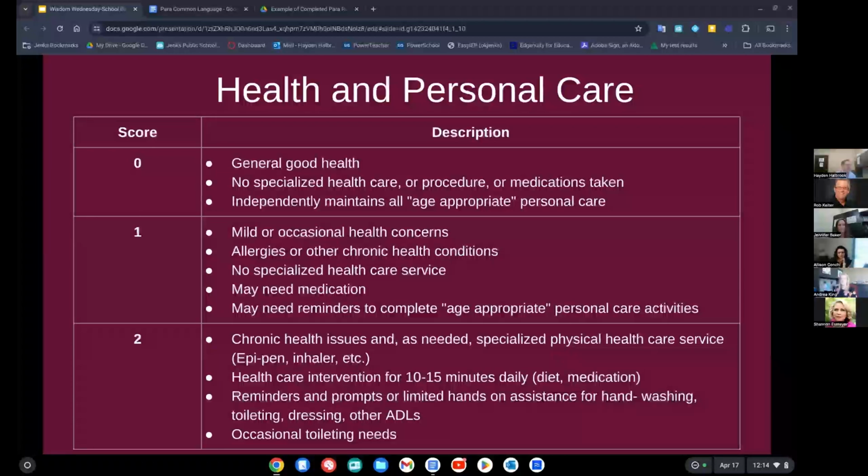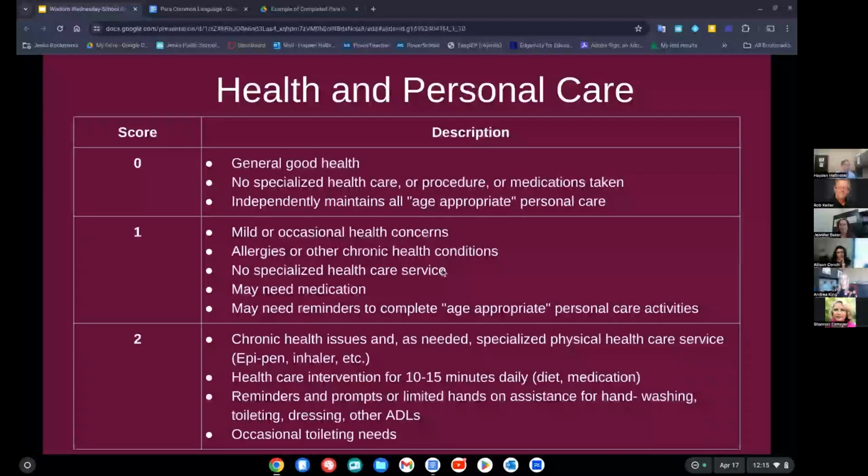So on this first one, health and personal care, 0 would be the lowest need. The student has generally good health, no specialized health care or procedures, medication, and so forth. Independently, they maintain all age-appropriate personal care. That might possibly be a gen ed student, a lab student, any student across any setting in the SPED school day.